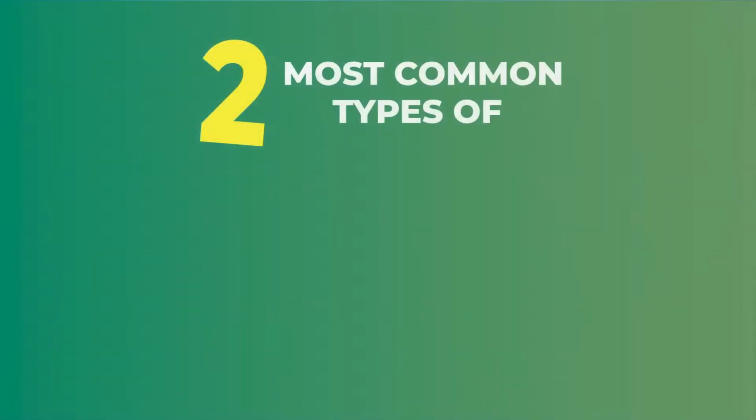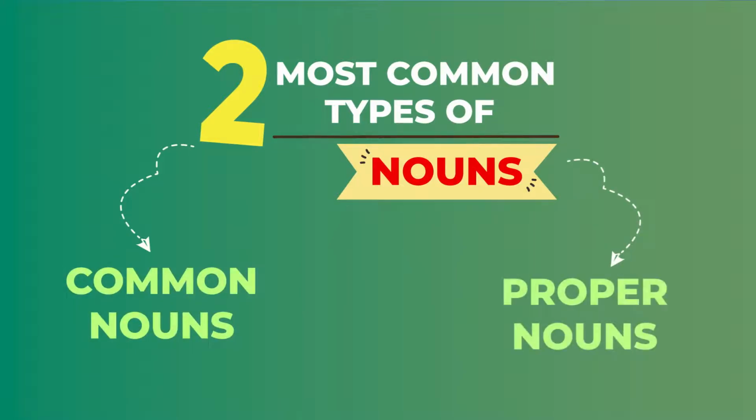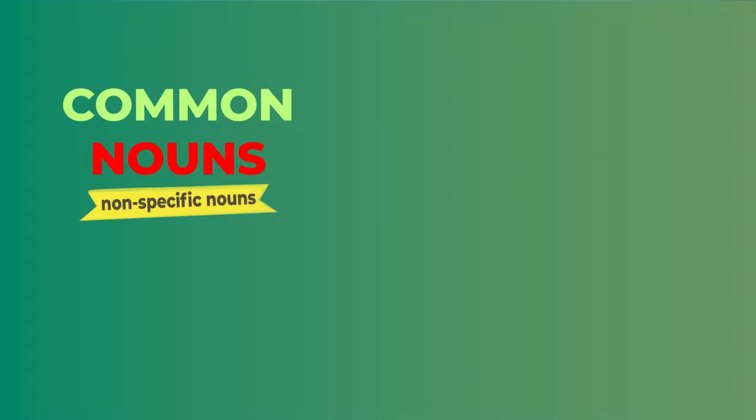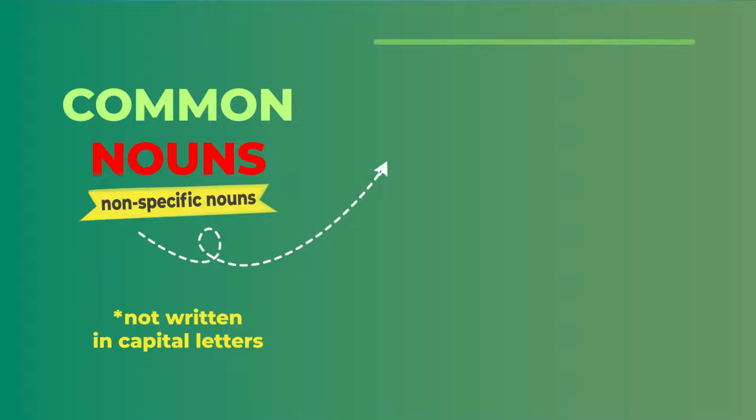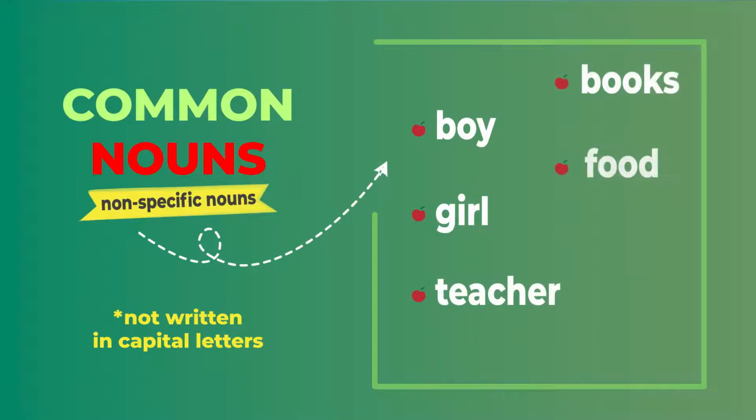The 2 most common types of nouns in the English language are common nouns and proper nouns. Common nouns are non-specific nouns that are not written in capital letters. For example, boy, girl, teacher, books, food, pen, school.